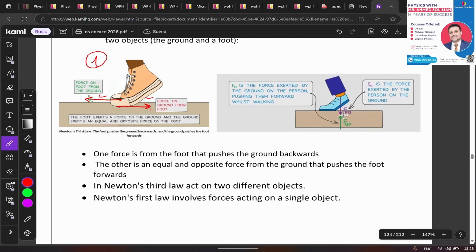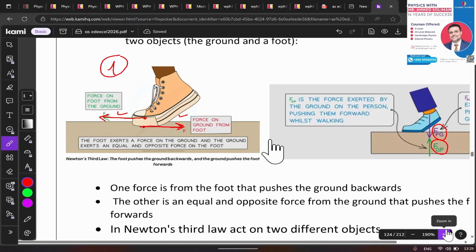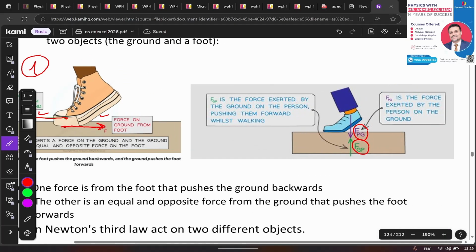Also, in this part, we have a gravitational force. What does it mean? It means if the Earth attracts... I will make it bigger. Now we have FPG and FGP.